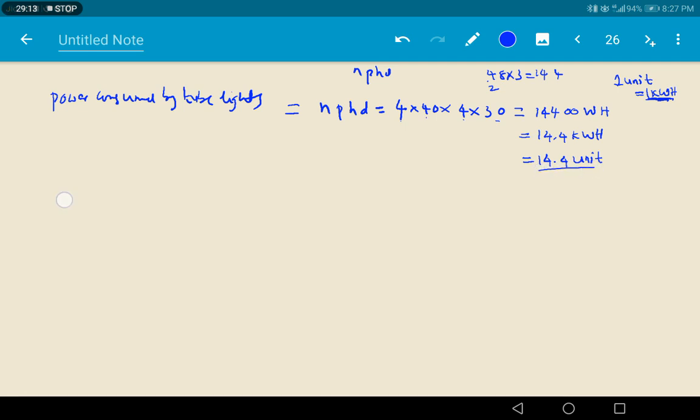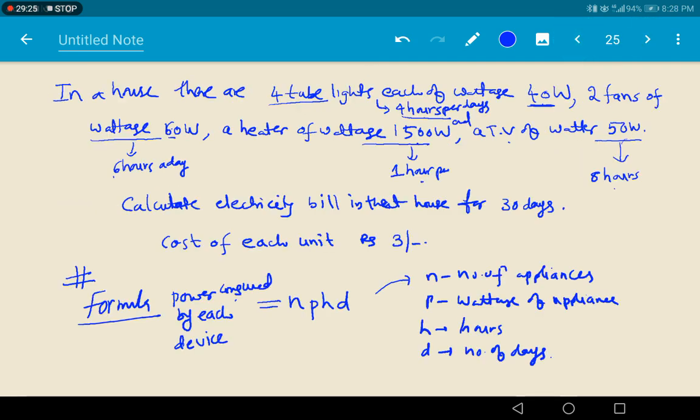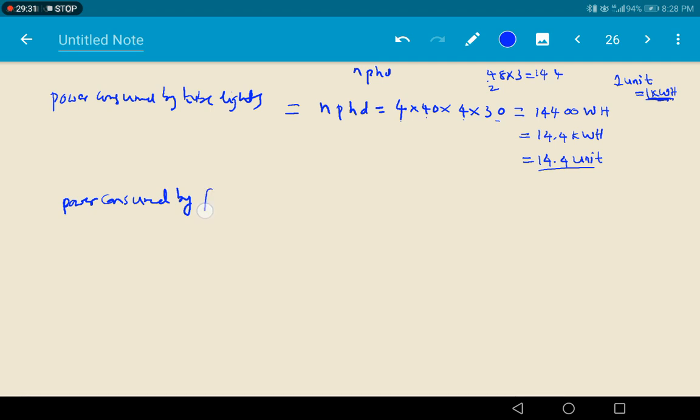Right, next. Power consumed by fans. What is given? 2 fans, 6 hours, 60 wattage. Again NPHD formula. 2 fans each of 60, 6 hours, 30 days.